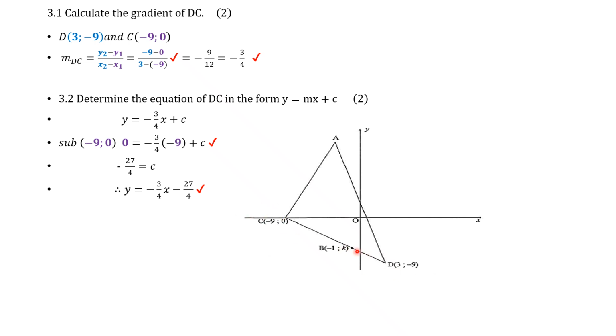Right, so I chose -9 and 0, so this states that y is 0 when x is -9. Negative times negative becomes positive. 3 times 9 gives me 27 over 4, but if I take that positive across, it becomes -27 over 4 for c. So therefore my equation now reads y equals -3 over 4x minus 27 over 4.